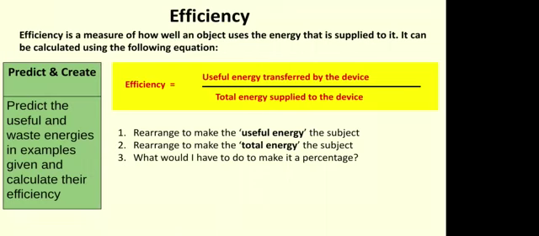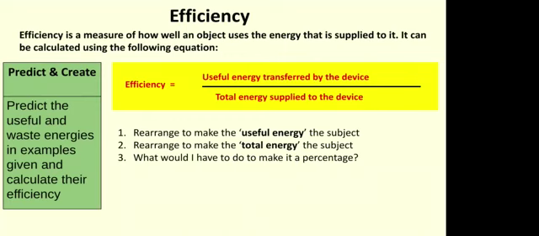I'll give you a quick example. If I've got a speaker and I'm transferring some electrostatic energy into kinetic energy to make the speaker move, that speaker wants to move. That's what we want it to do. So that's the useful energy, the kinetic energy. But it might also create some friction, which would create some thermal energy.